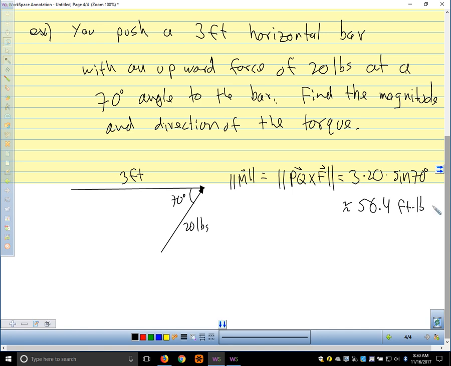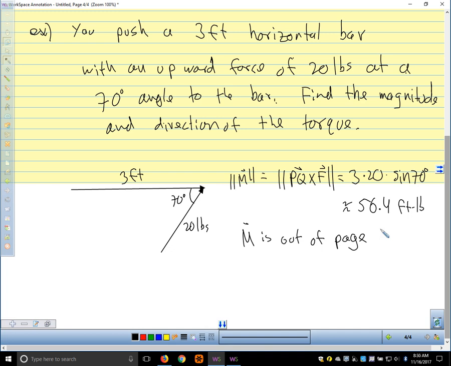What's the direction of the torque? If we cross PQ onto F, the torque is out of the page. And if we thought of this as turning a bolt, if we push the wrench this way, the bolt is going to loosen, the bolt is going to come out.